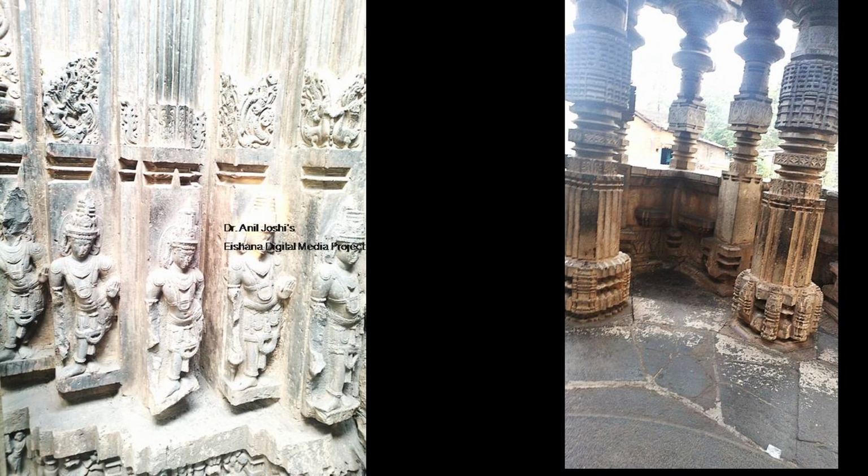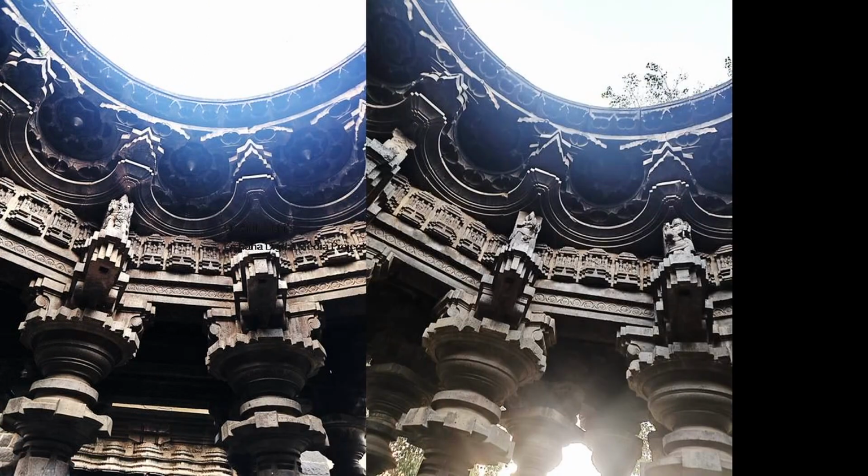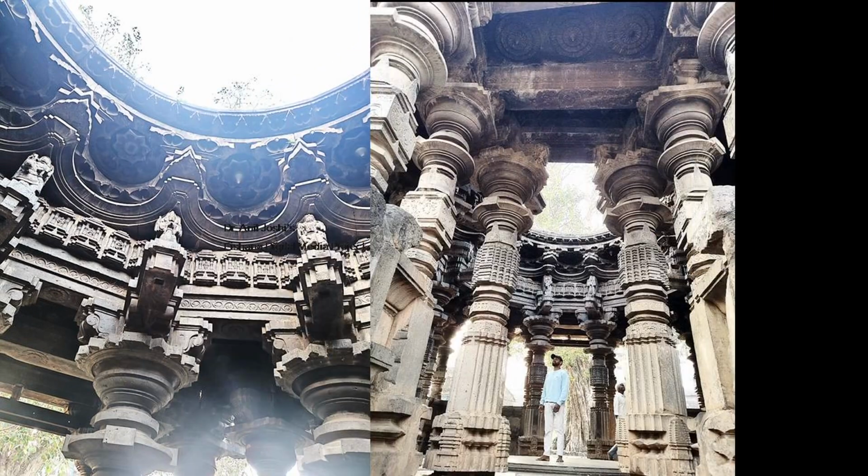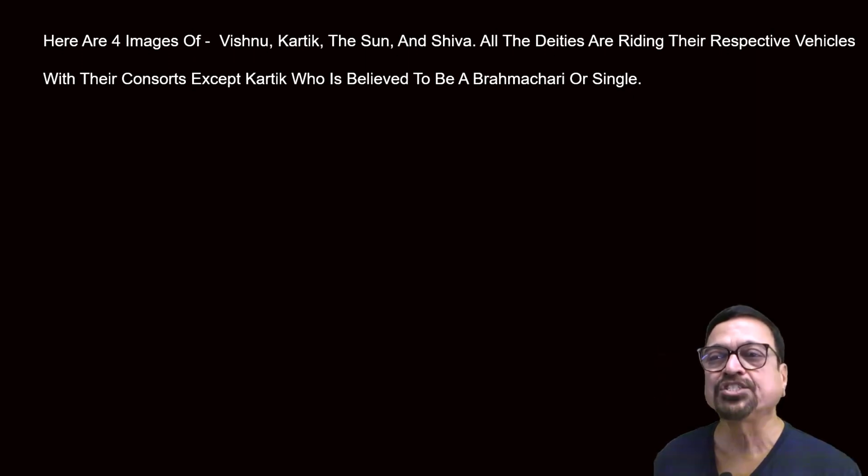Chalukyas worshipping Saptamatrikas, but here you will see them now. There are 4 images, mainly Vishnu, Kartika, the sun and Shiva.